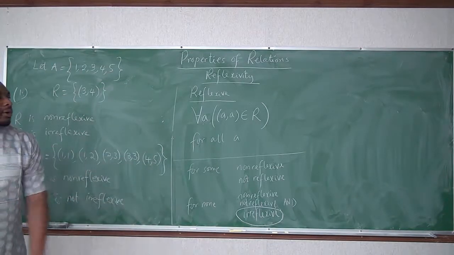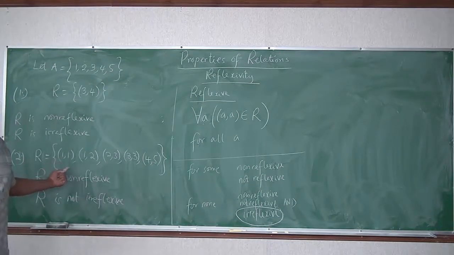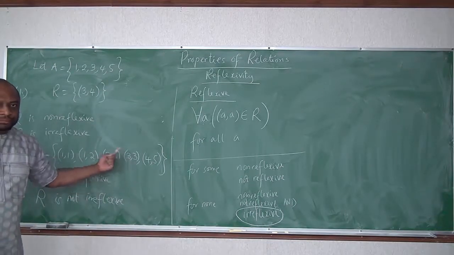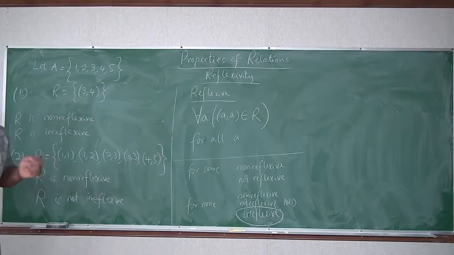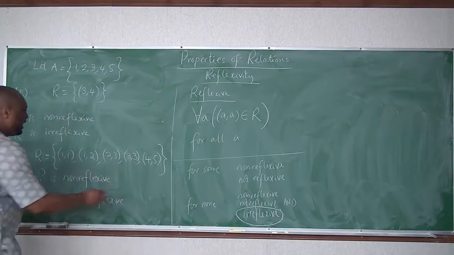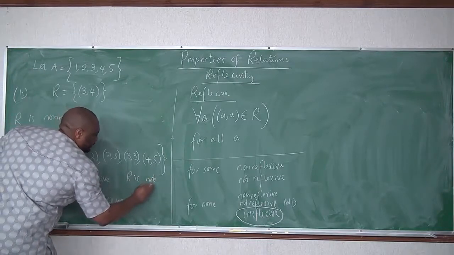For some, we just say non-reflexive or not reflexive. We have at least 1, 1 and 3, 3. So R is not irreflexive, but R is non-reflexive. Or you can say R is not reflexive.